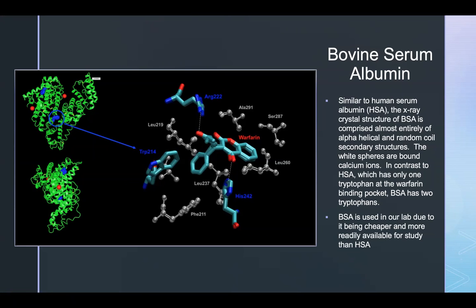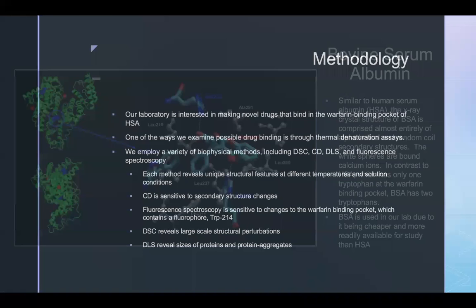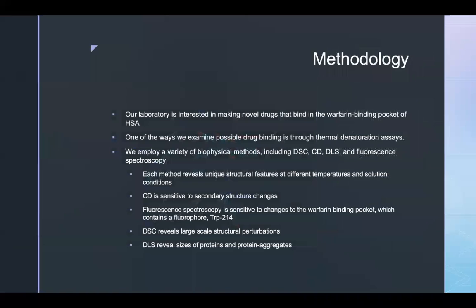We like to use bovine serum albumin more than human serum albumin because it is a lot cheaper and more readily available. In our laboratory, we use many different testing methods, including differential scanning calorimetry, circular dichroism, dynamic light scattering, and fluorescence spectroscopy. Each is important for characterizing different aspects of albumin's denaturation.